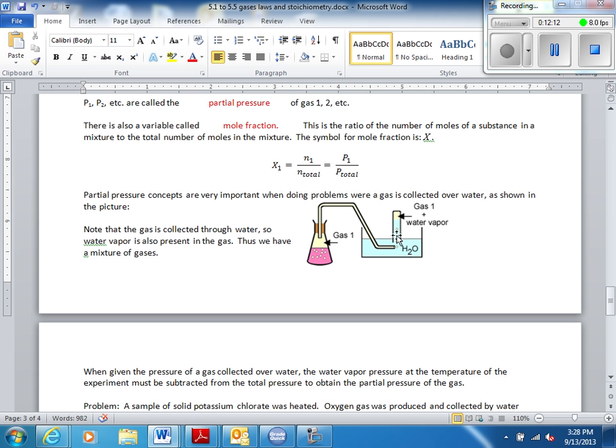Right now it's not, because the test tube is showing the liquid level a little higher. When we do experiments, we move this test tube up and down until the level of water in the tube is equal to the level of water outside the tube. That equilibrates the pressures so that P inside here is equal to P atmosphere. And then the pressure of the gas would be the atmospheric pressure minus the water vapor.